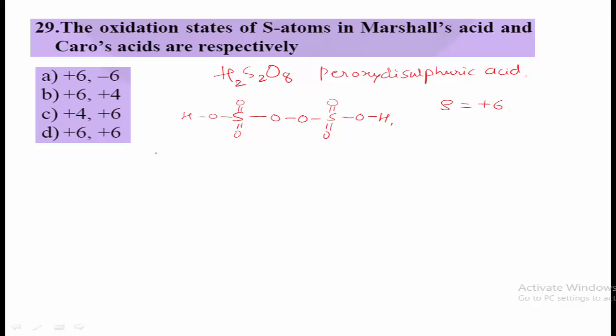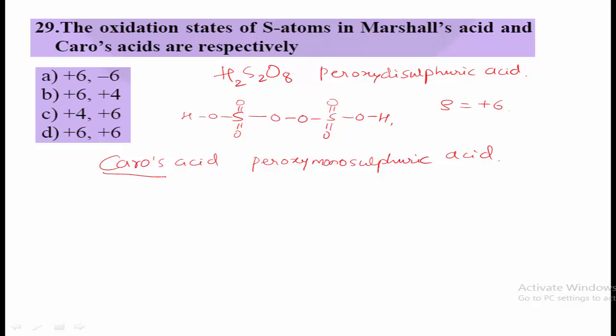Now, another one is Caro's acid. Caro's acid, it is nothing but peroxymonosulfuric acid. Just remember the names. What is Marshall acid and what is Caro's acid? These are named after the discovery by a scientist.